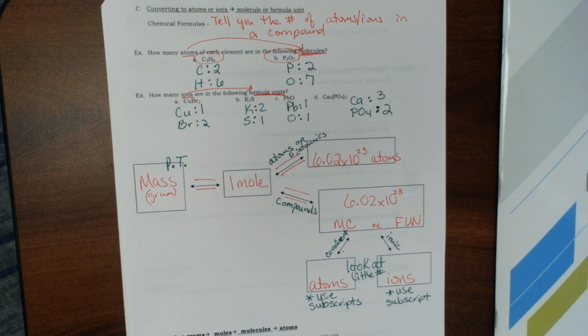Either they're sharing electrons or they're giving up and accepting electrons, one or the other. Because we already know these words, MC and FUN: MCs are called molecules, which are covalently bonded compounds, and FUNs are formula units, which are ionic bonds where they accept and donate electrons.